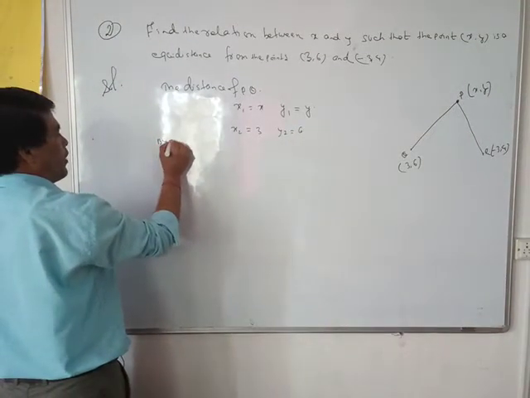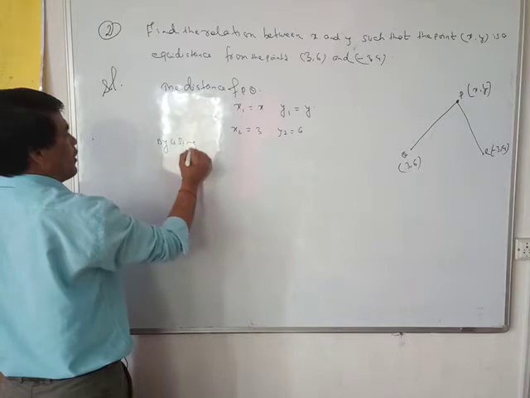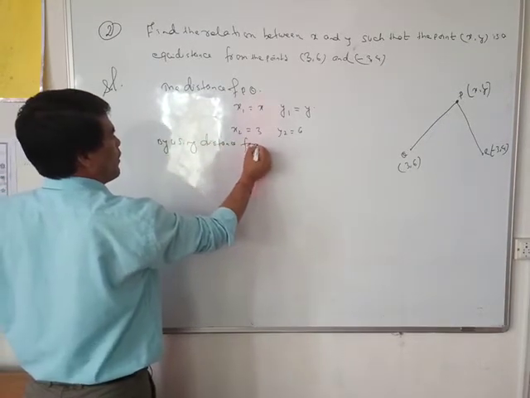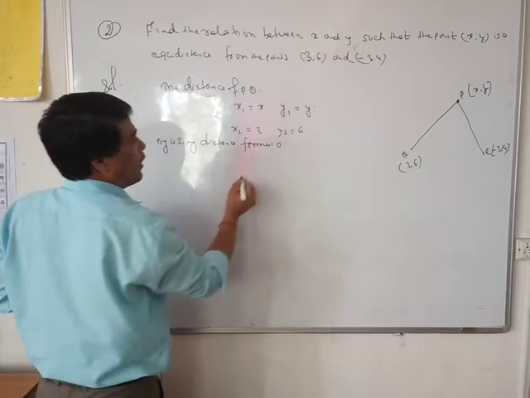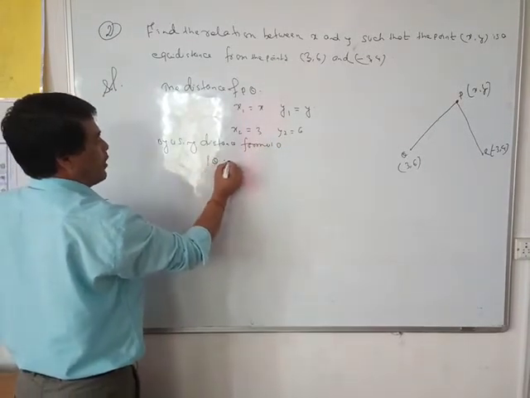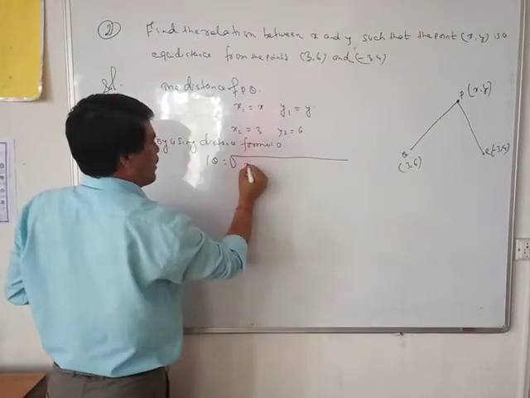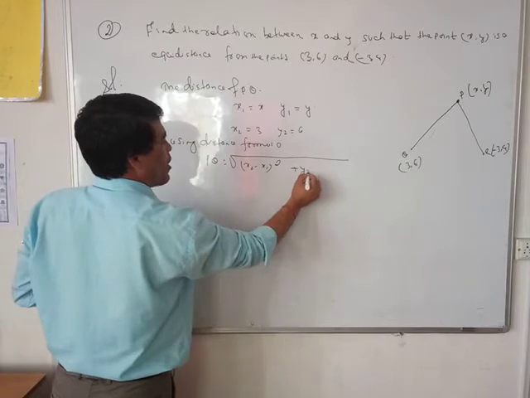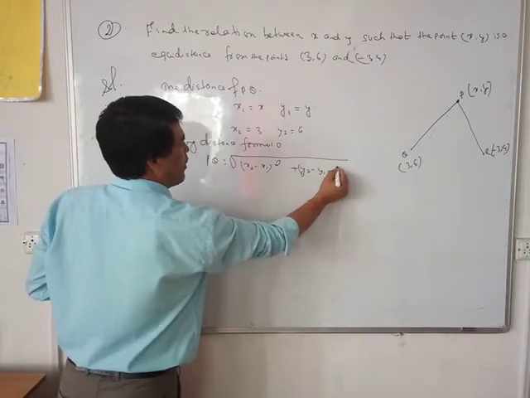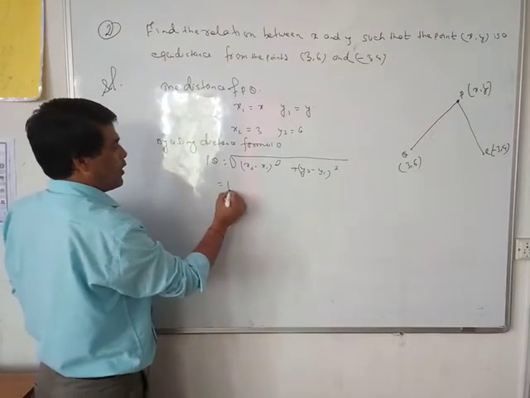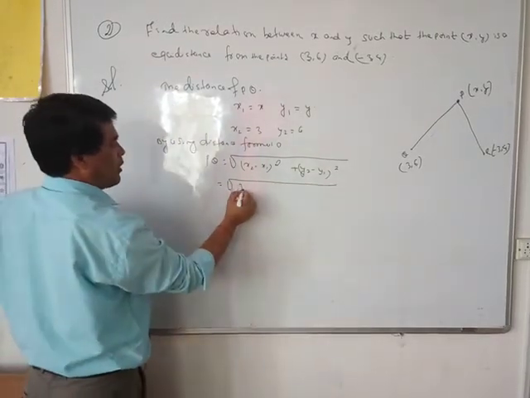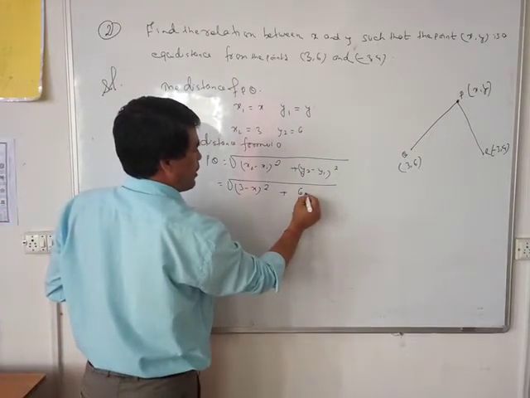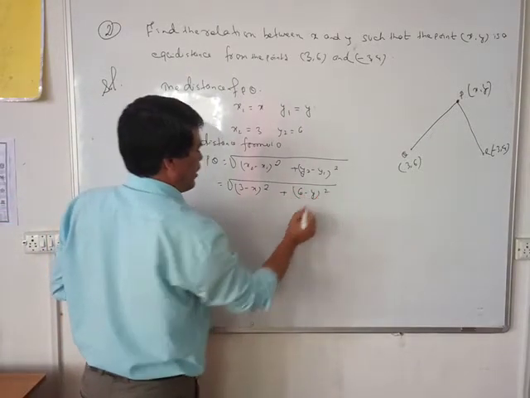Then by using the distance formula, PQ equals the square root of x2 minus x1 whole square plus y2 minus y1 whole square. Then the value of x2 is 3 minus x whole square plus y2 is 6 minus y whole square.